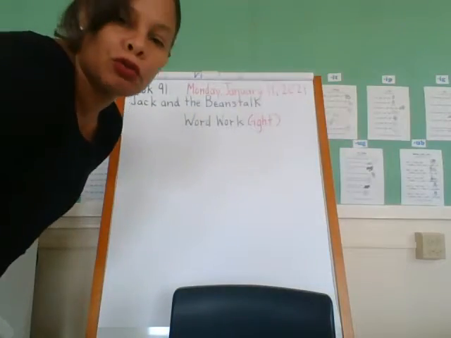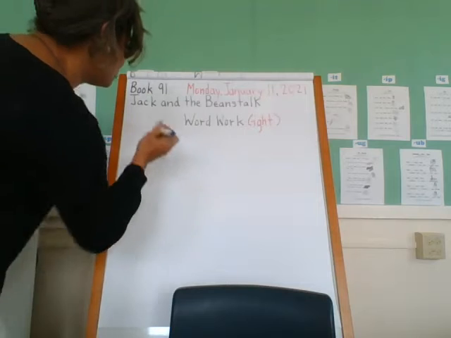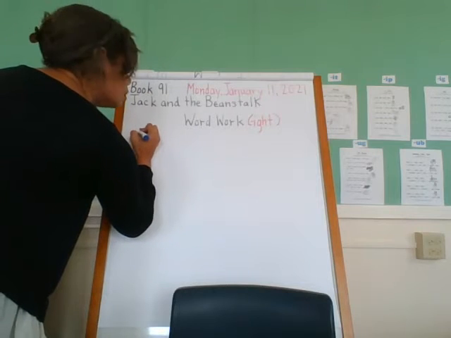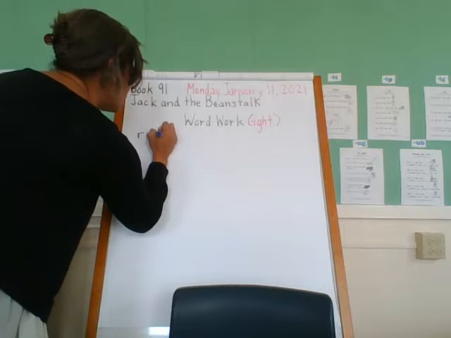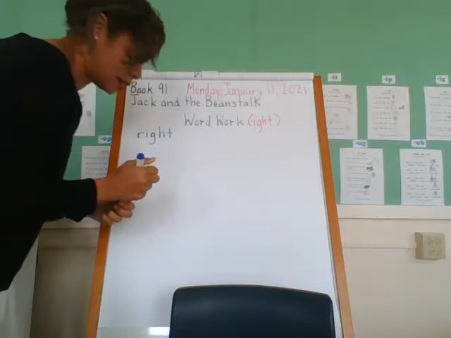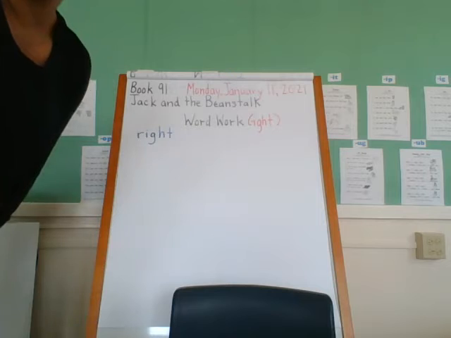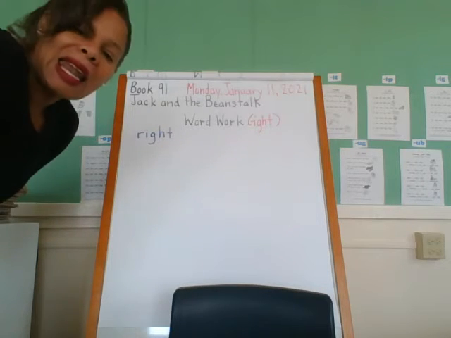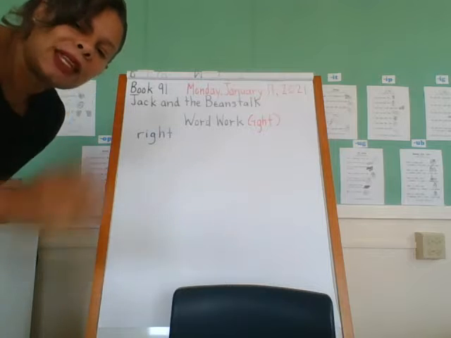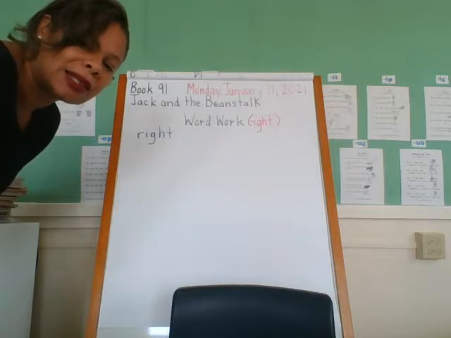Okay, so the first word I want you to write is the word "right," like your right hand. So that will be R-I-G-H-T, right. Okay, so next I want you to write the word "light," like a light up in the ceiling. So you write it before I write it, light.